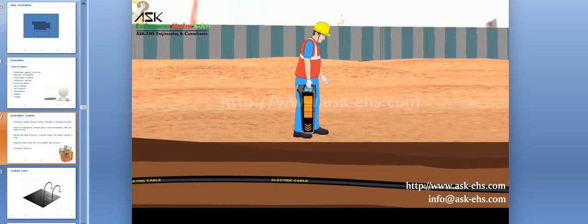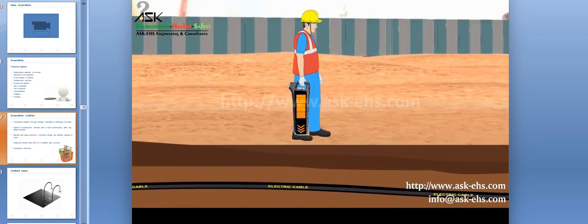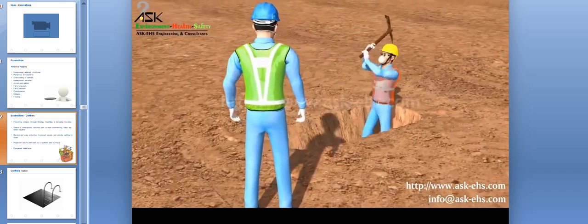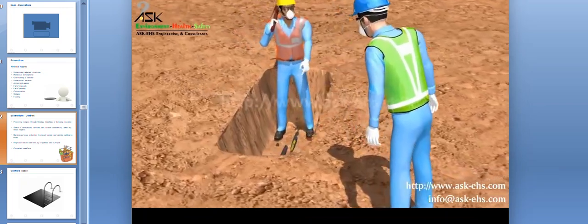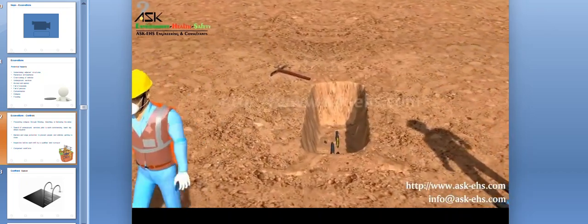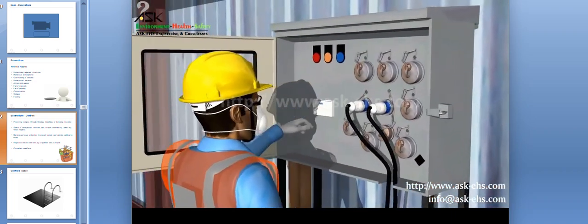Locating utilities using advanced equipment such as a cable avoidance tool. Making trial pits to check the presence of utilities. Isolating the services.